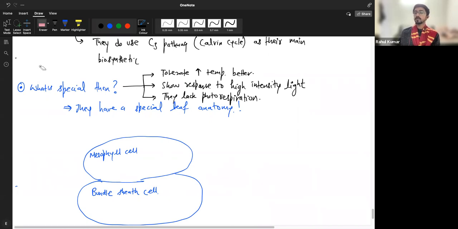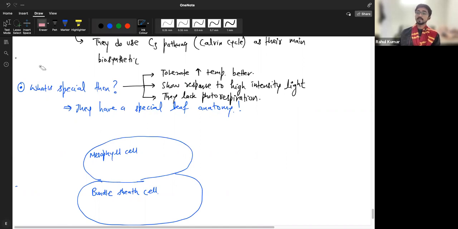Phosphoglycolate is a 2-carbon molecule because instead of CO2 we are using O2, so one C is missing. If one carbon is missing, we cannot make another 3-carbon molecule. So one is phosphoglycolate, and this pathway is called photorespiration.